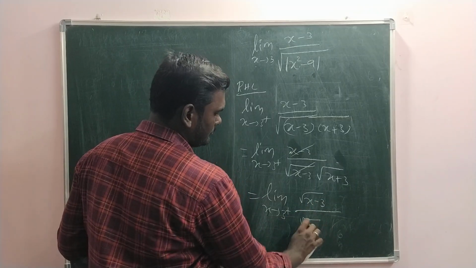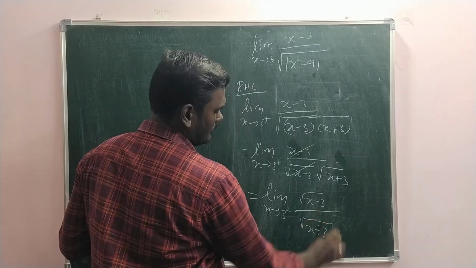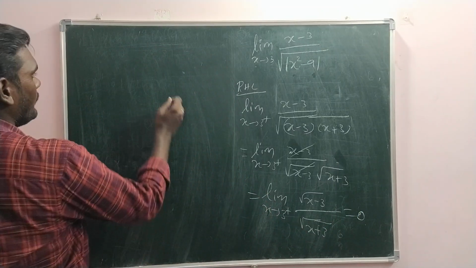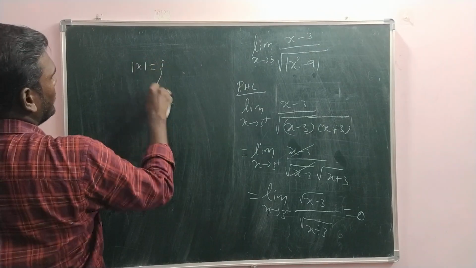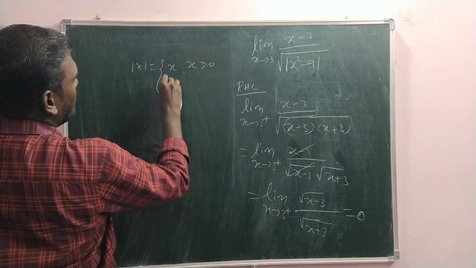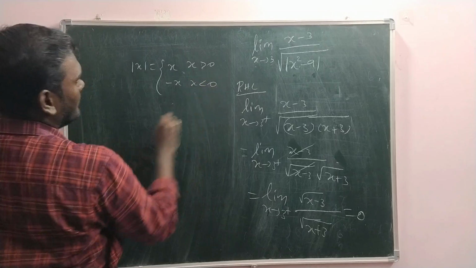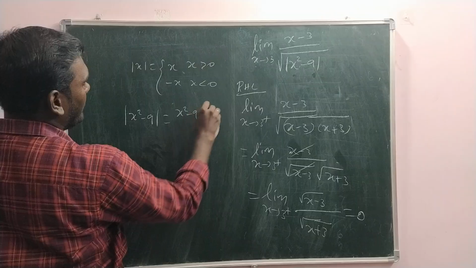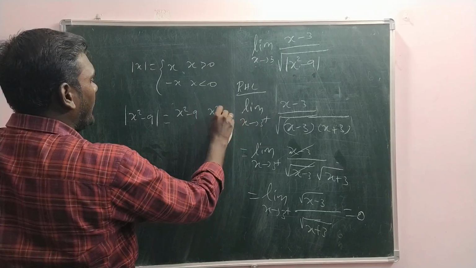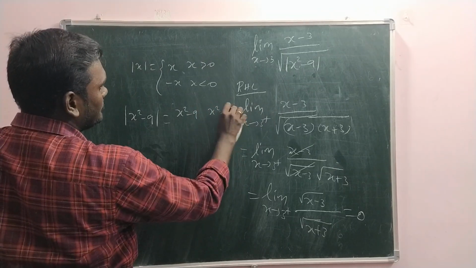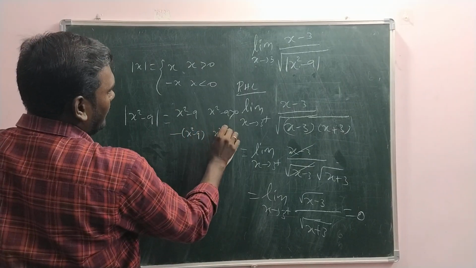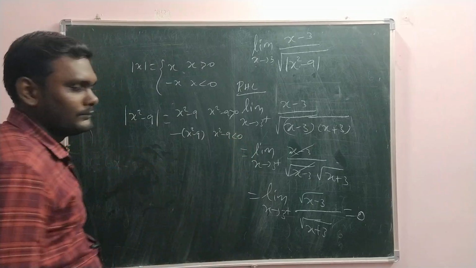See, mod x means positive x if x is greater than 0, negative x if x is less than 0. Then modulus of x square minus 9 means positive x square minus 9 if x square minus 9 is greater than 0, minus of x square minus 9 if x square minus 9 is less than 0.